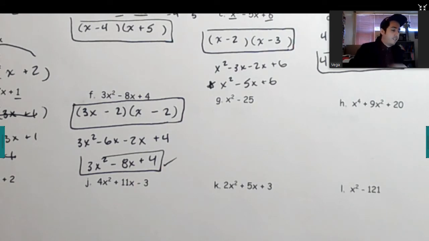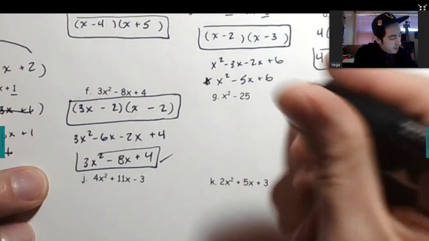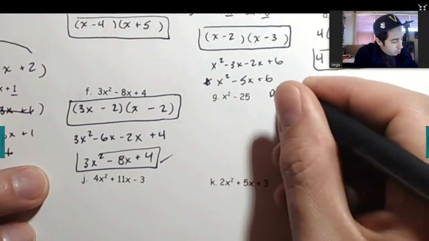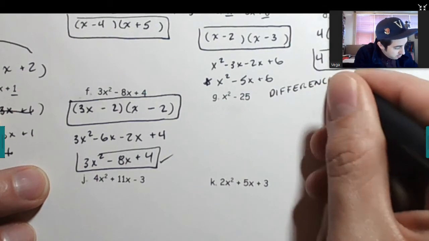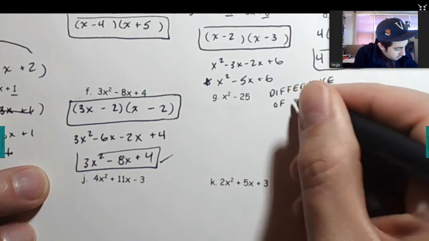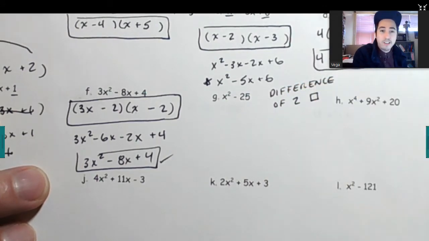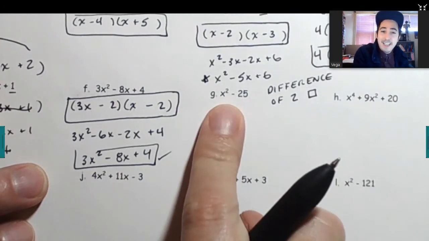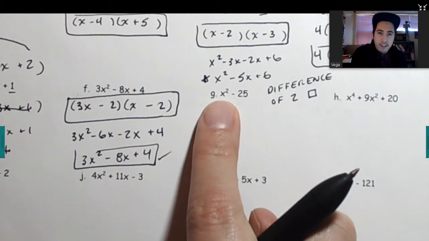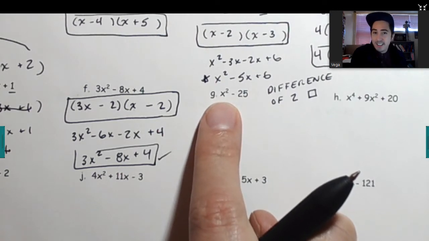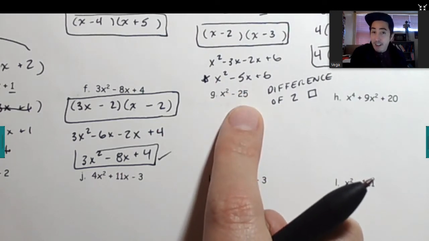That's a special type of factoring problem. It is a difference of two squares. Whenever I see that, I immediately think difference of two squares. And then I go further and I say, oh, x squared, that's a squared value. That's x times x. 25, that's 5 times 5.